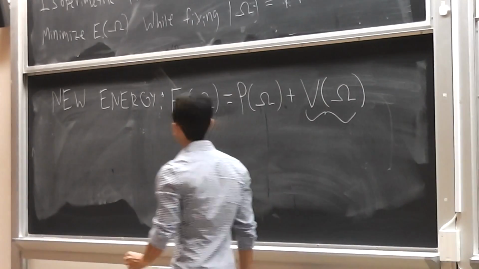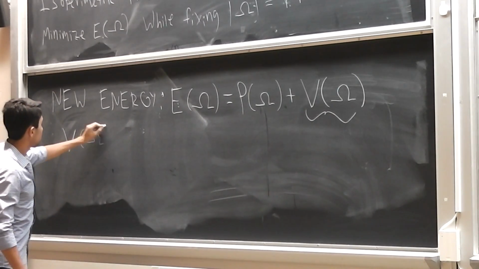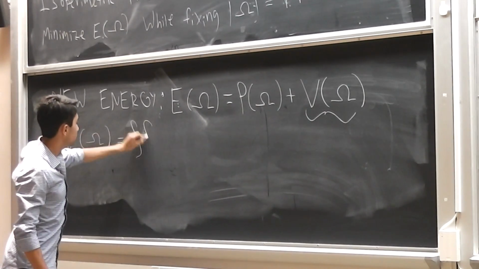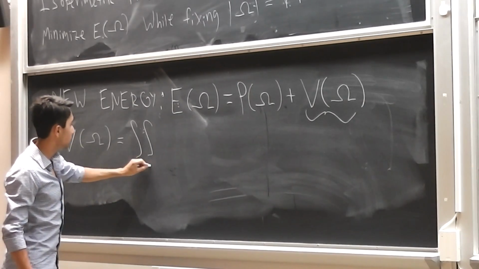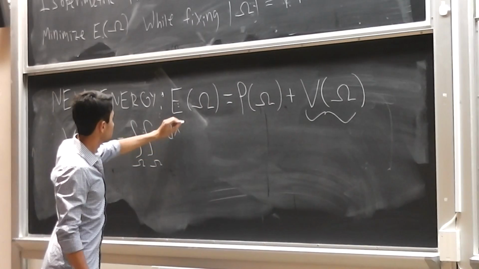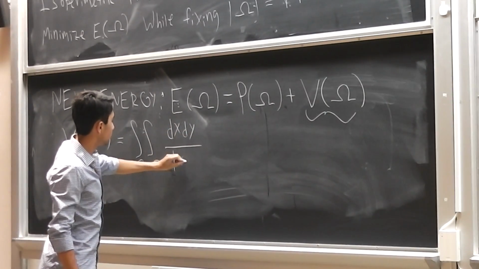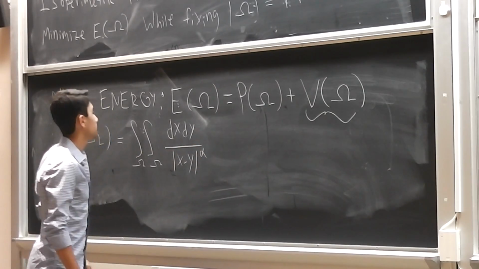We define V of omega like this: you integrate twice over the region omega, 1 over |x minus y| to the alpha.